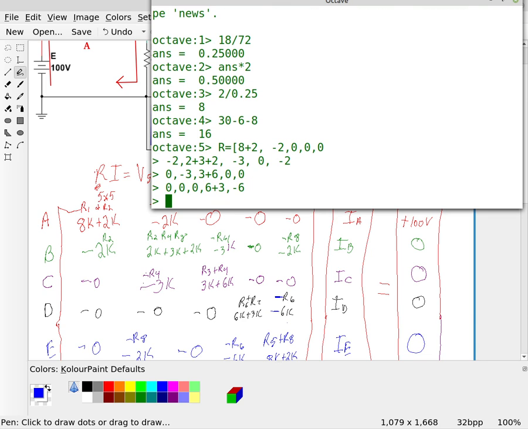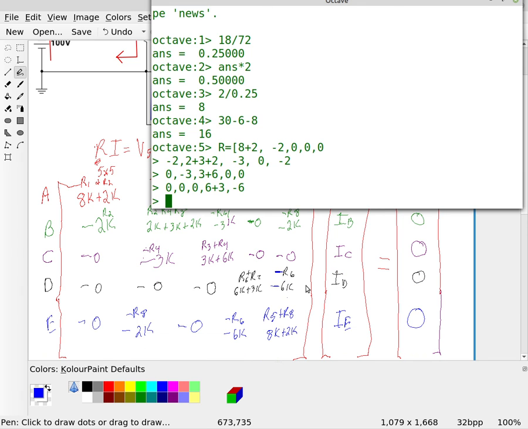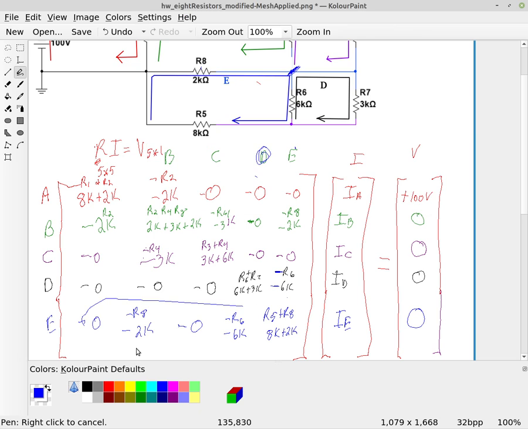And one of the nice things about this Octave program, as I said before, it will show us the matrix when we're done, and we can look and make sure that this matrix is symmetric. So we need to do the E row now. So there's the E row. Down here's my E row.